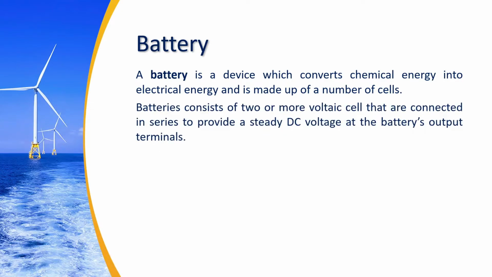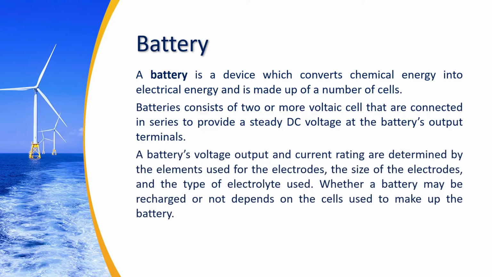So batteries consist of two or more voltaic cells that are connected in series to provide a steady DC voltage at the battery's output terminals. So a battery's voltage output and current rating are determined by the elements used for the electrodes, the size of the electrodes, and the type of electrolyte used. So whether a battery may be recharged or not depends on the cells used to make up the battery.